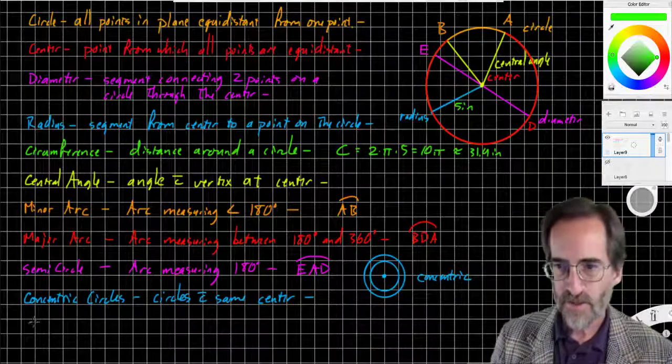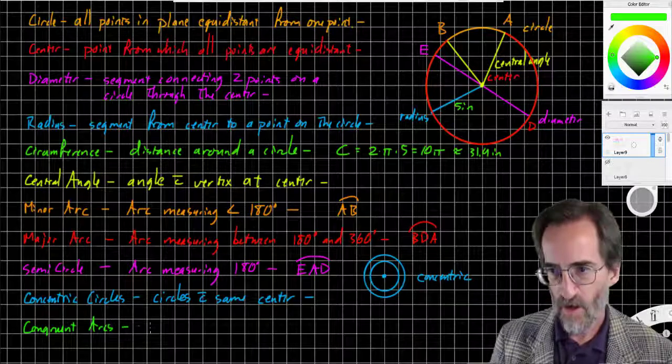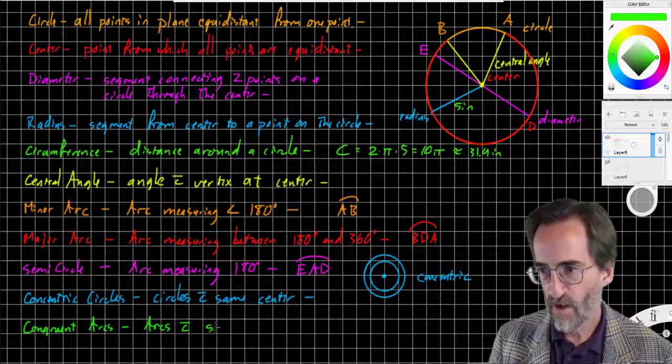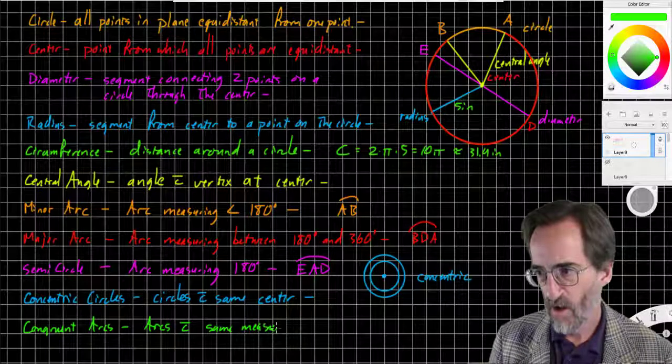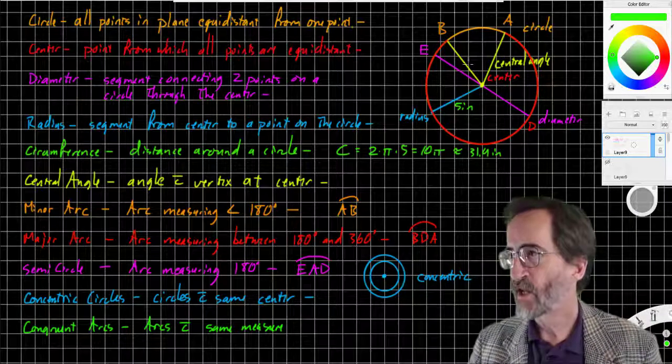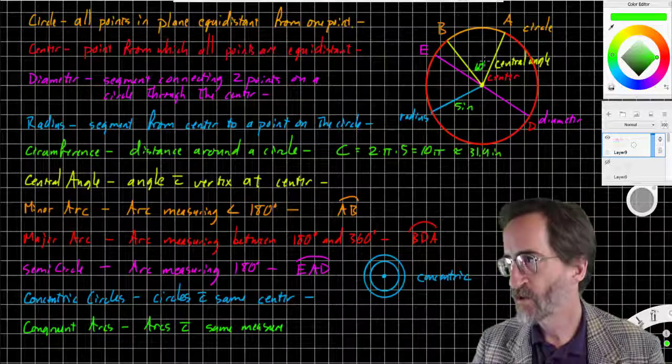Congruent arcs. Arcs with the same measure. Let's say arc BA is 60 degrees.